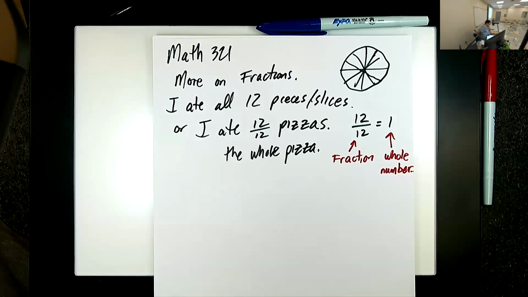Okay, so that's a question on the initial quiz. It's going to say which ones of these are whole numbers, and it'll give you a fraction that's written like this. I don't think it's 12 over 12, but it's some number. It's the number over itself. It's a whole number. It's 1.